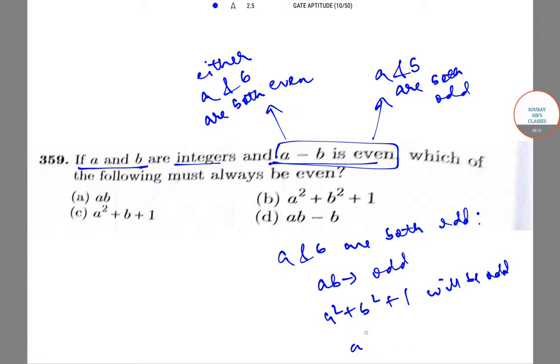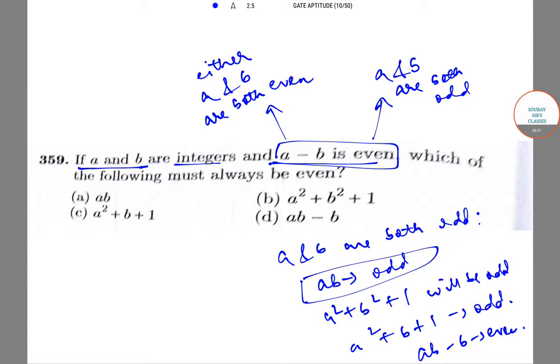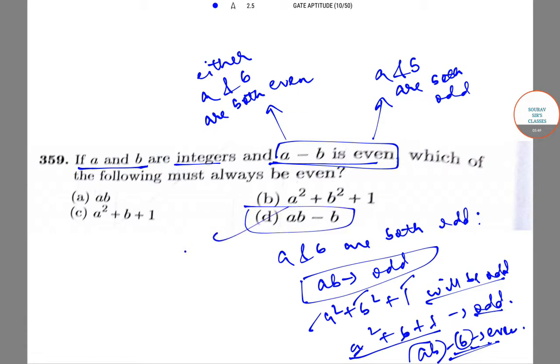Then A square plus B plus 1 will again be odd, but AB minus B would be even. This is because the product of two odd numbers is always odd. Then odd number plus odd will again give you odd. Then A square is odd, B is odd, 1 is odd. So sum of three odd numbers is odd. But an odd number minus an odd number would give you an even. Therefore the correct option is option D.